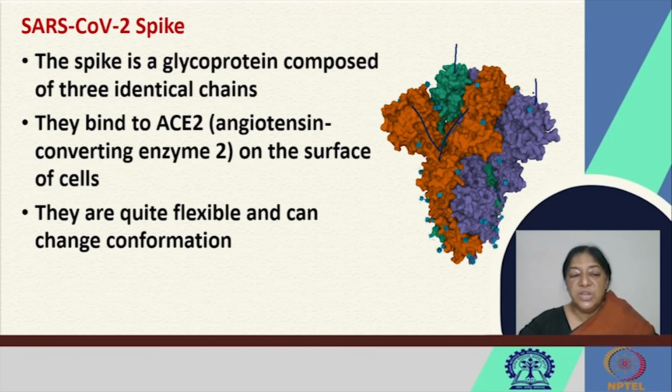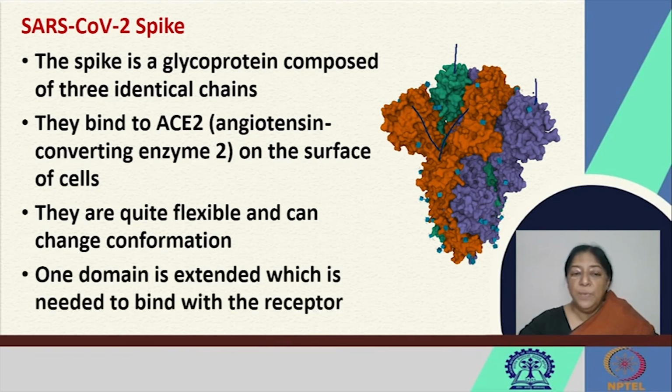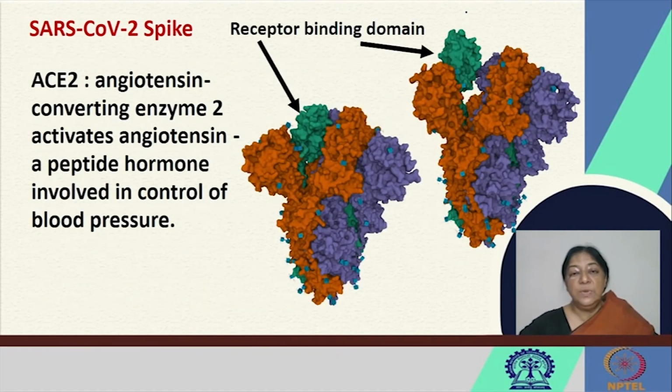And what is required is one domain is extended, which is needed to bind with the receptor. So say we have a specific domain that is then ejected or extended to bind with the receptor. So we have this specific receptor domain that extends itself for a possible binding with the receptor.